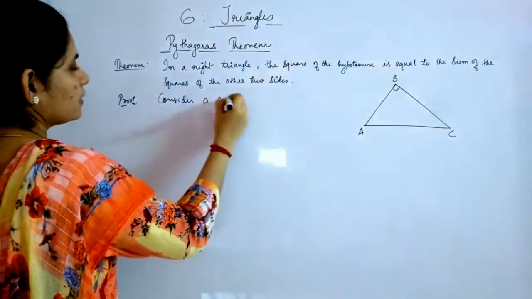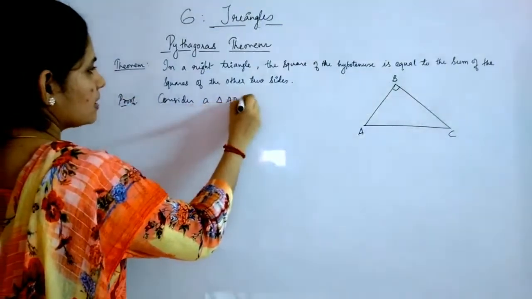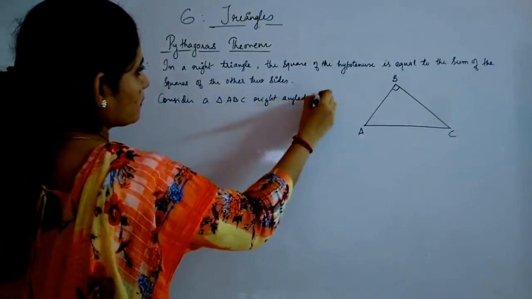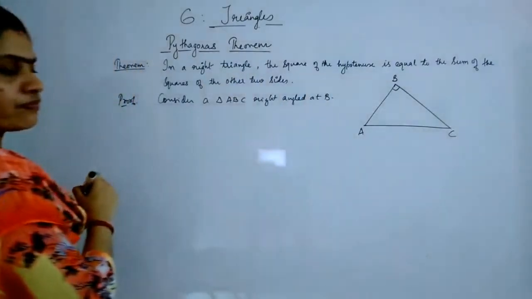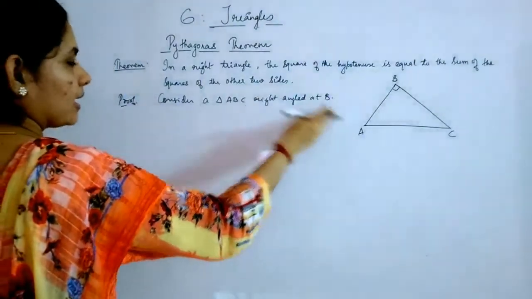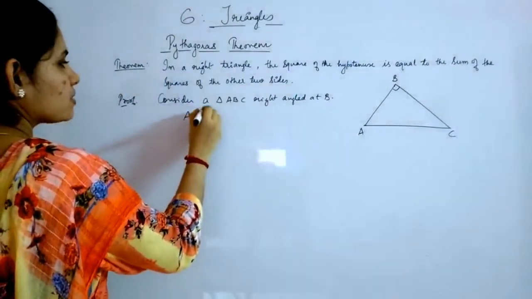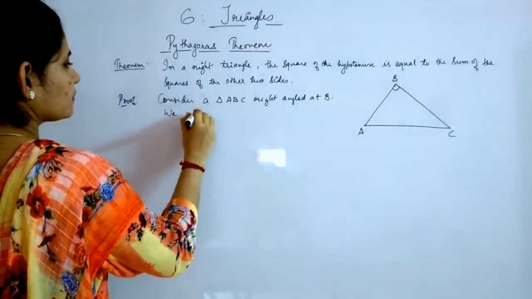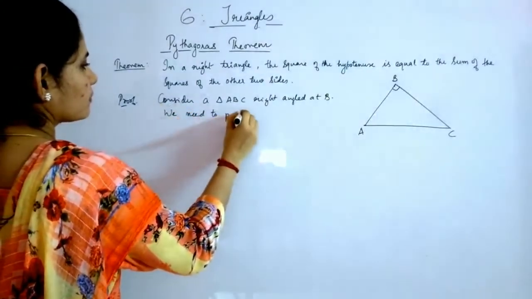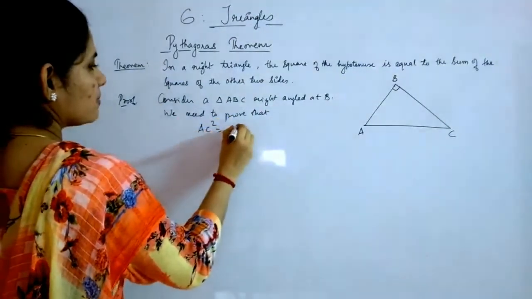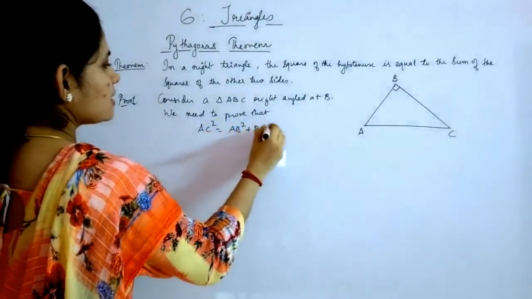Consider a right angled triangle ABC, right angled at B. According to the diagram, we have to prove that AC square is equal to AB square plus BC square.